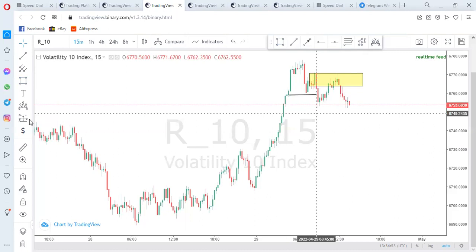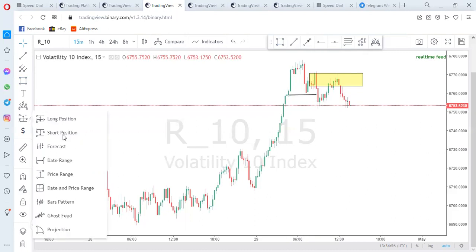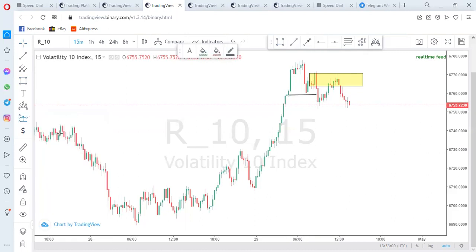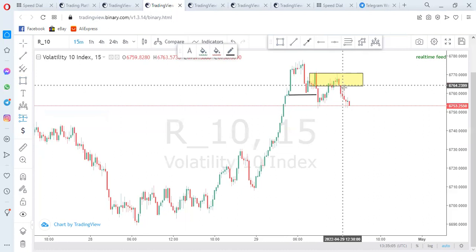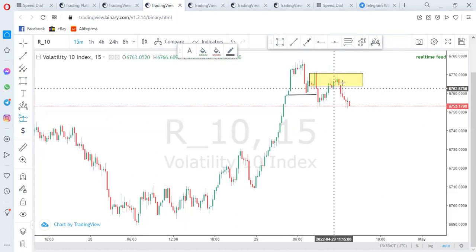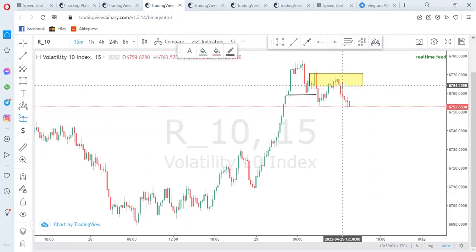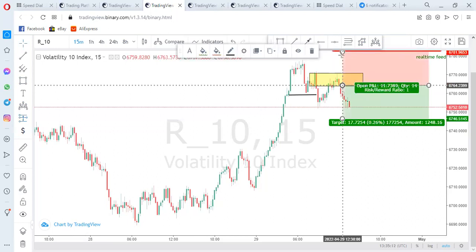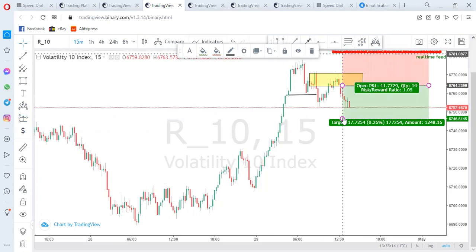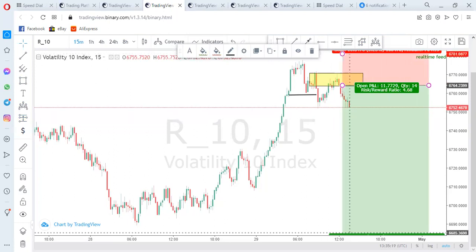I called the sell immediately I saw the break of structure on 15 minutes. I called the sell, and we'll be taking the trade all the way from here. Stop loss will be above the structure, and from here we ride it on.